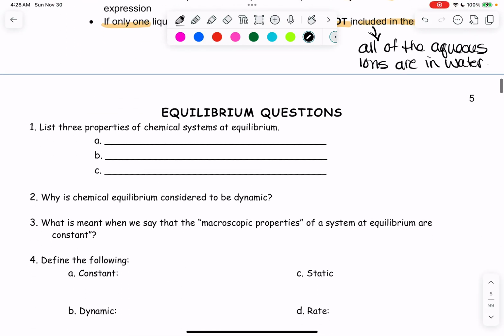So now it asks us to list 3 properties of chemical systems in equilibrium. And so it has to be a closed system. Our macroscopic properties, so things that we can see, are constant.